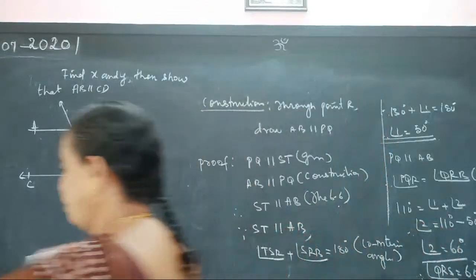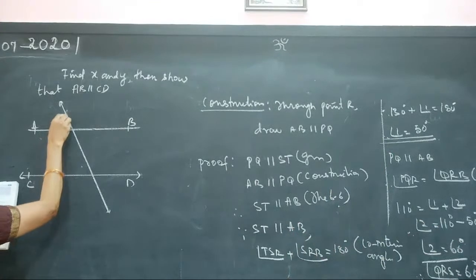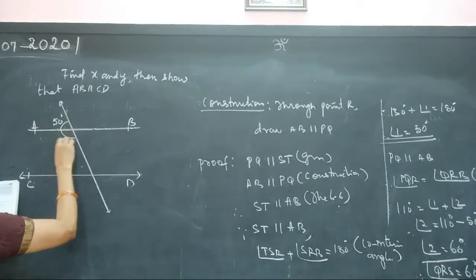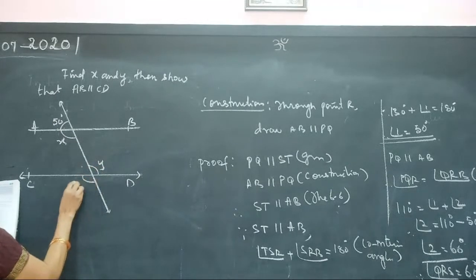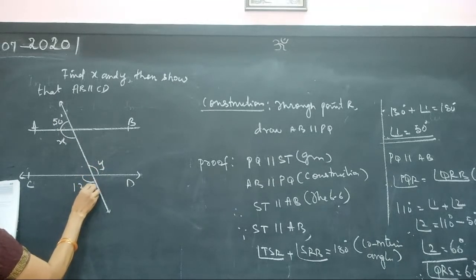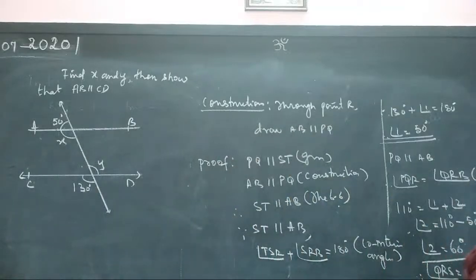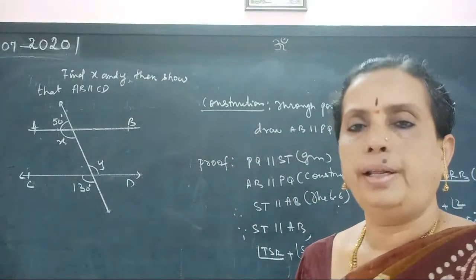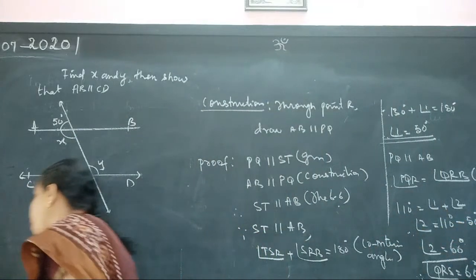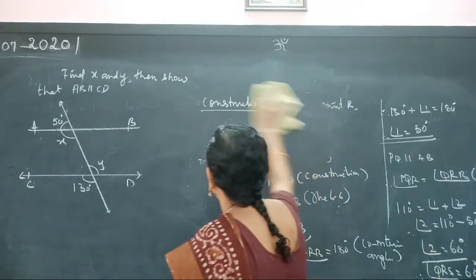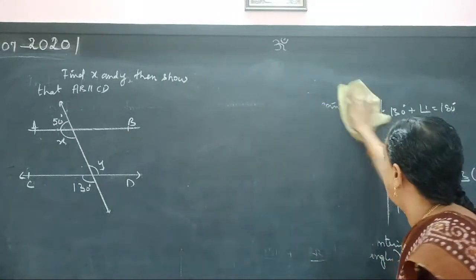Get the figure? Here it is 50 degree, this is x, here it is y and this is 130 degree. So directly we cannot say it is a corresponding angle or alternate interior angle because the lines are not parallel.